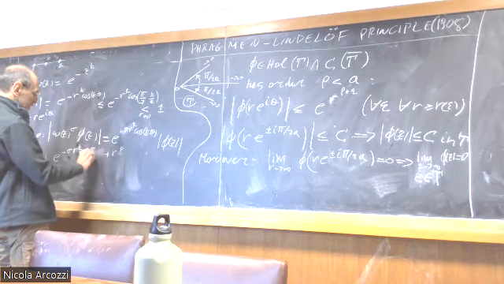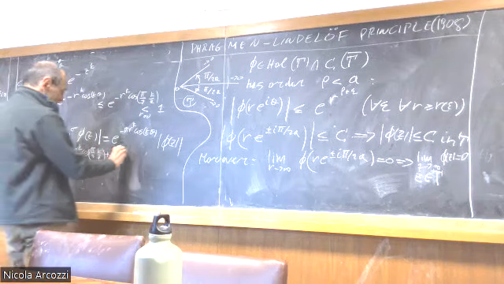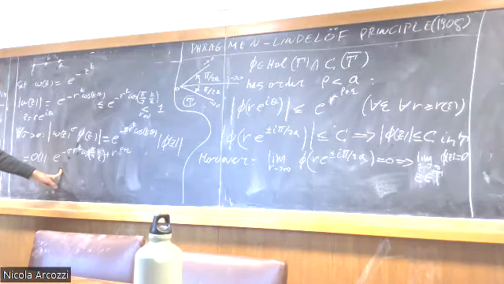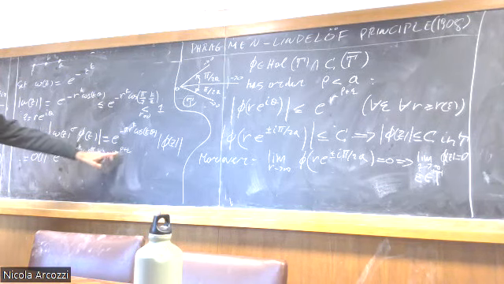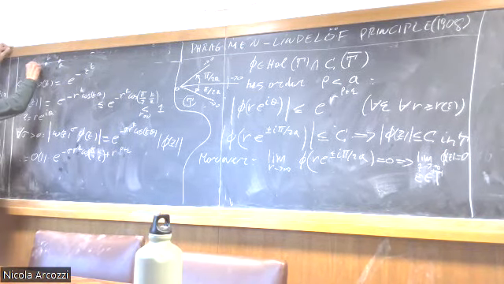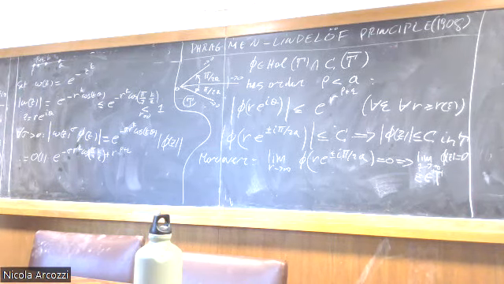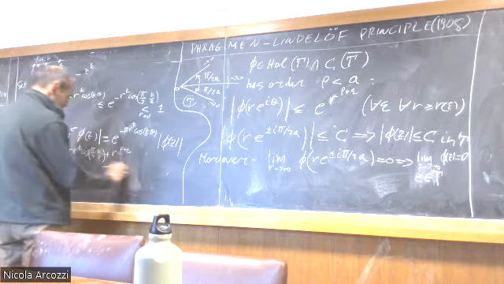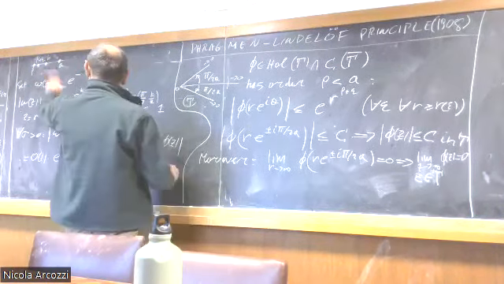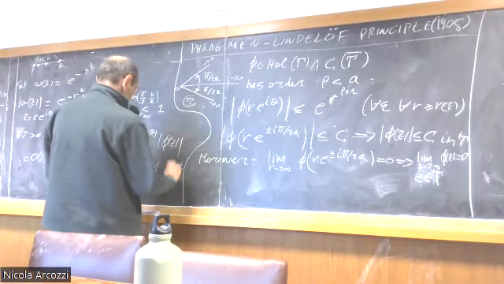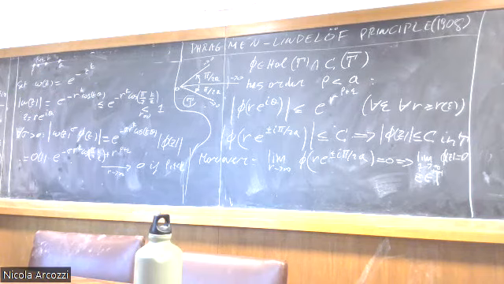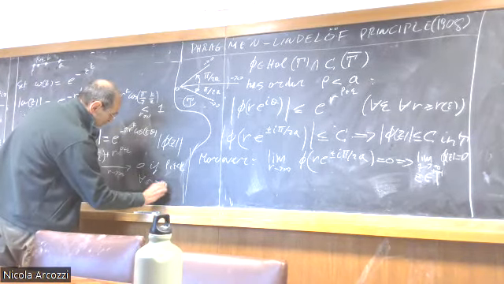Now, if I choose epsilon so that rho plus epsilon is less than k, then this goes to 0 as r goes to infinity, for all sigma bigger than 0, fixed.